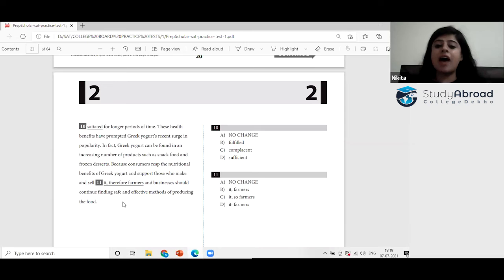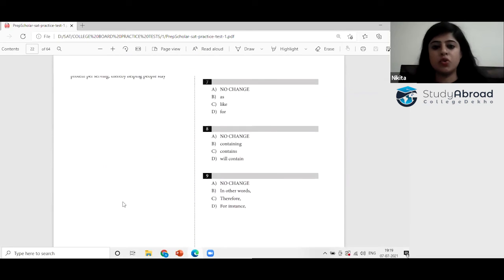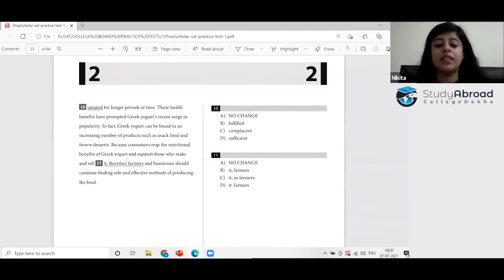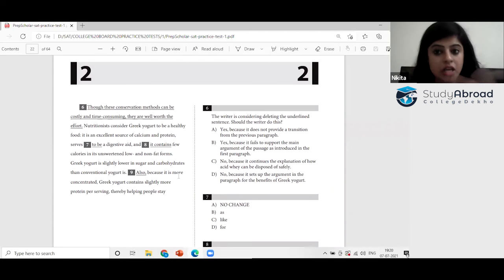All right, so I have taken the clear notion of what the paragraph was about. Ultimately they ended the paragraph saying that it is very nice and we should find safe and effective methods of producing, even though they are time consuming, and that it is well worth the effort.